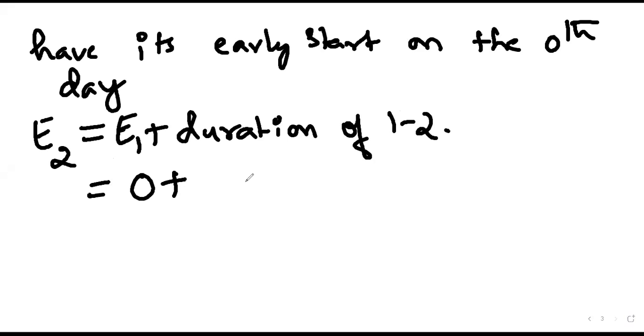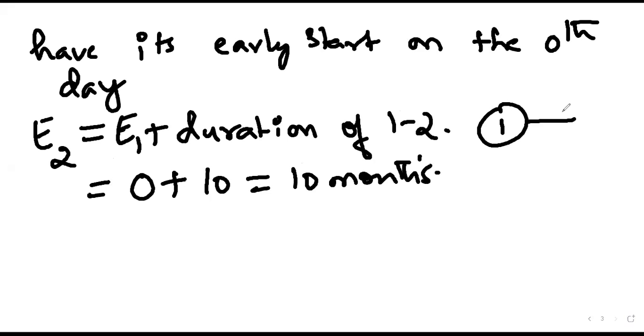What is the duration of 1 dash 2? 10. So 10 months will be the value of E2. Why? Because this is 1 and this is 2. It is very important that when you calculate E values, you see which activities finish on the second node. That is how we calculate the E2 value.